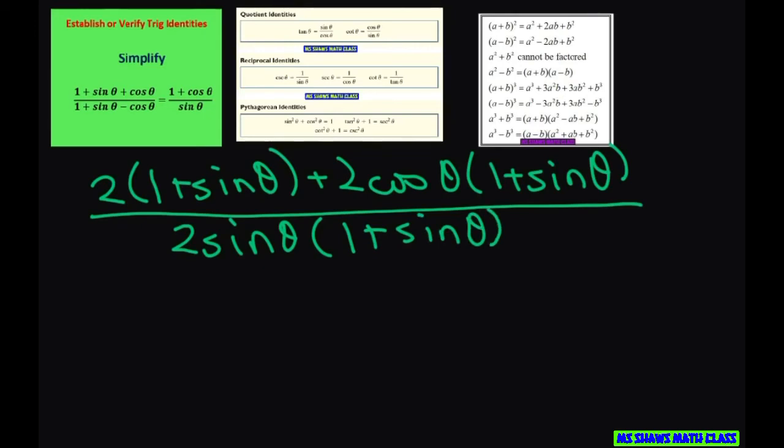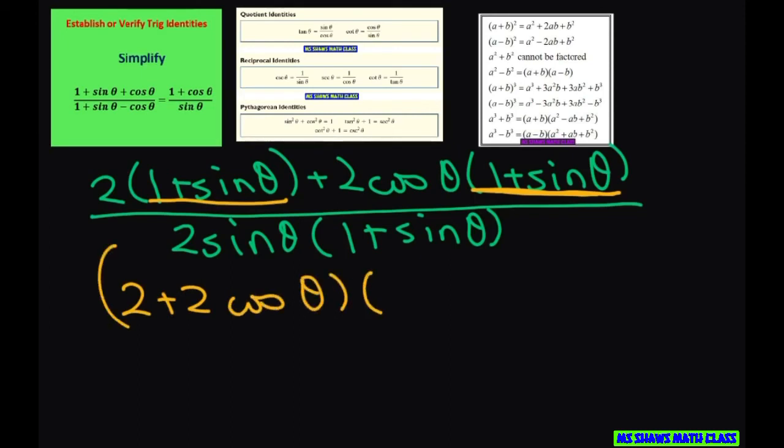All right, I'm going to factor by grouping. So I have, this is the same. So I can factor by grouping and call this 2 plus 2 cosine of theta times 1 plus sine of theta.